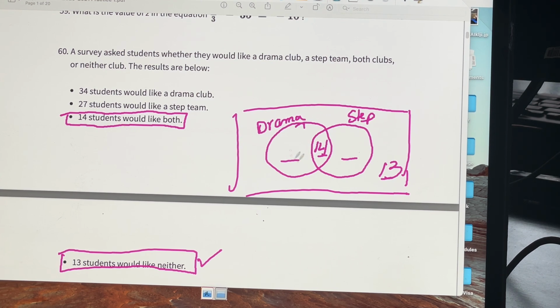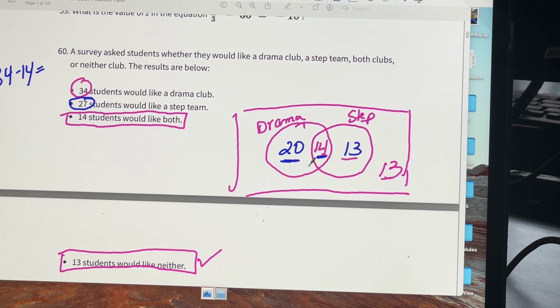But I already have 14 people who do drama, and it says there's a total of 34 people who do drama. So since there's already 14 in there, 34 minus 14 means this number is 20. You can double check. If you look at your drama circle, you should have 34 kids, because your drama circle is composed of these 2 parts. Likewise, in the step, you need a total of 27. Well, you already have 14 in there, so this is 13, because 14 and 13 is 27.